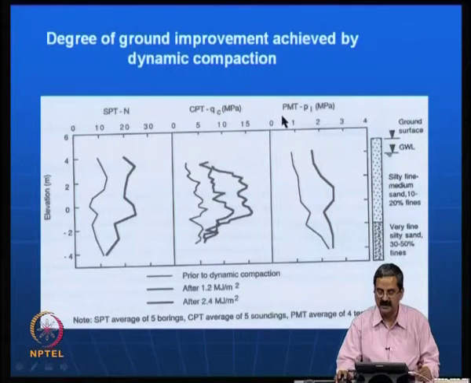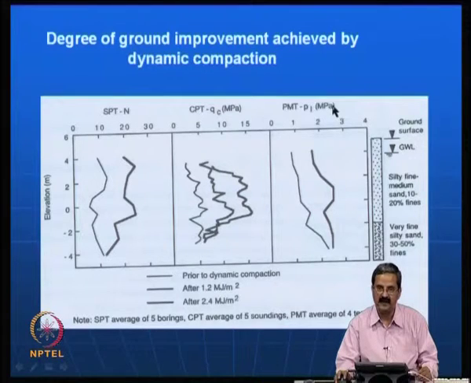Similarly, in the case of pressure meter test, it is called limit pressure. Limit pressure is another important variable you will get as a result from the pressure meter. You can see that the limit pressure is low when it is not improved, and when it is improved there is a good difference.